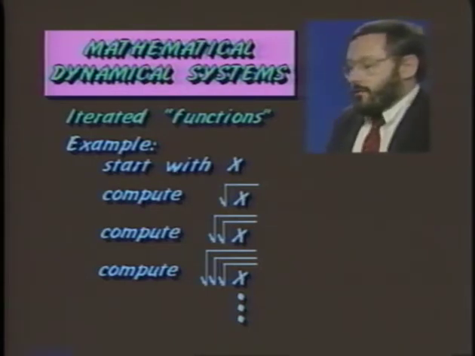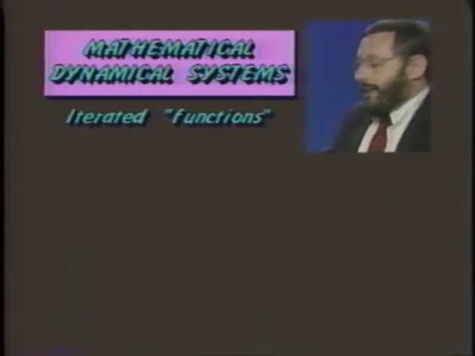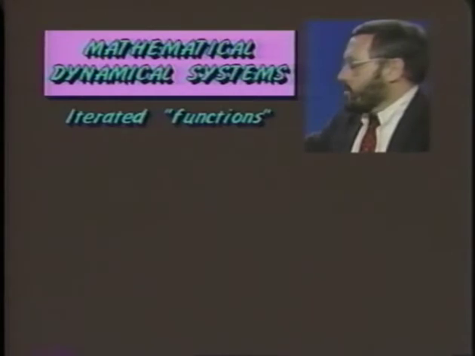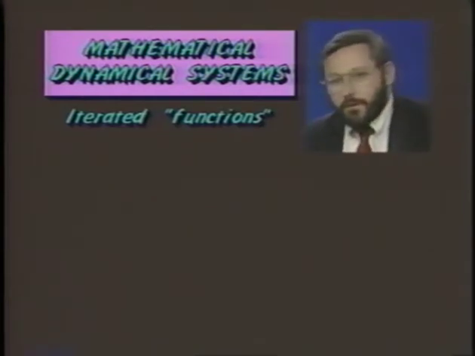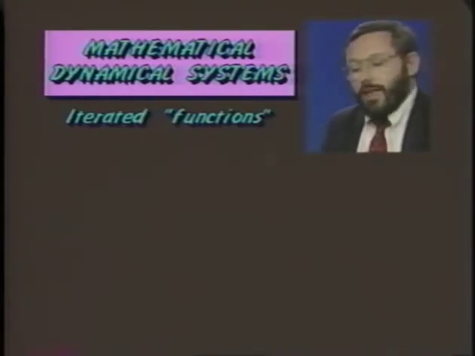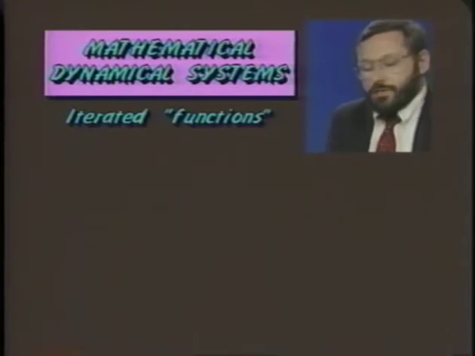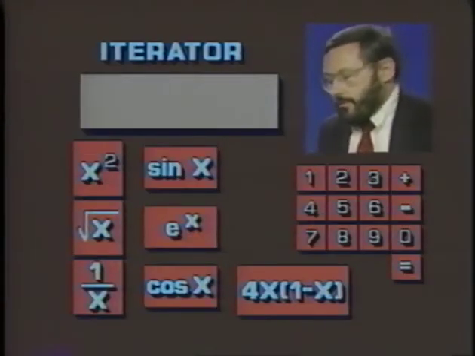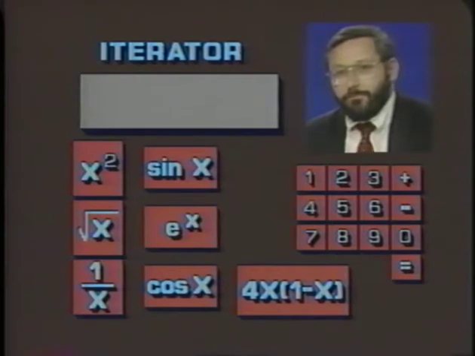Well, now you see that this process is ideally suited for use of a computer. There's nothing a computer can do better than iterate functions over and over again. So to illustrate that, I brought along my own home computer, rather homemade computer.